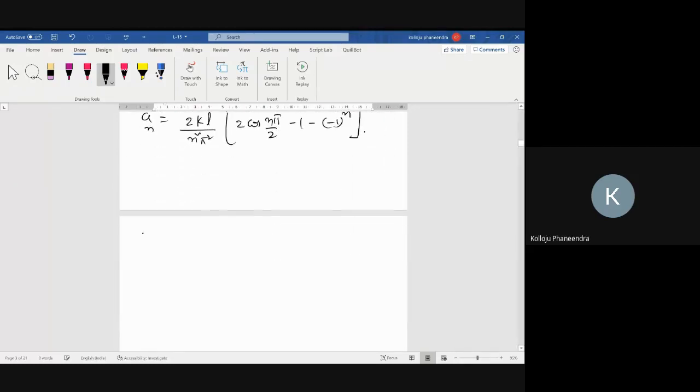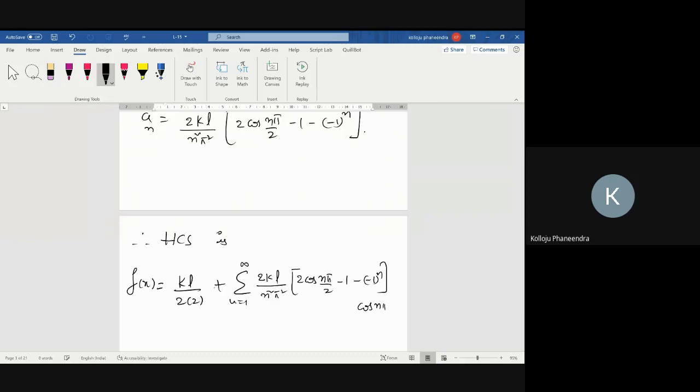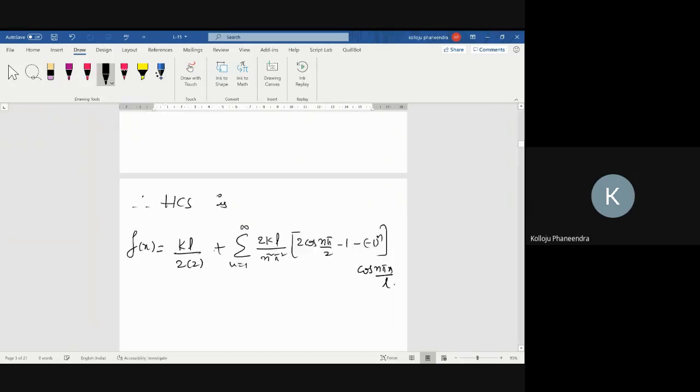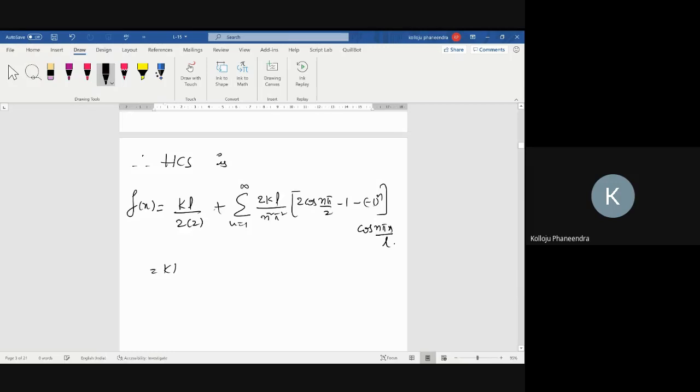Therefore, the half range cosine series is f of x equal to, what is a naught value? KL by 2. So a naught by 2 is KL by 4, plus summation n equal to 1 to infinity of 2k L by n square pi square of 2 cos n pi by 2 minus 1 whole power n into cosine n pi x by L. Writing the constants outside, that is 2KL by pi square outside.